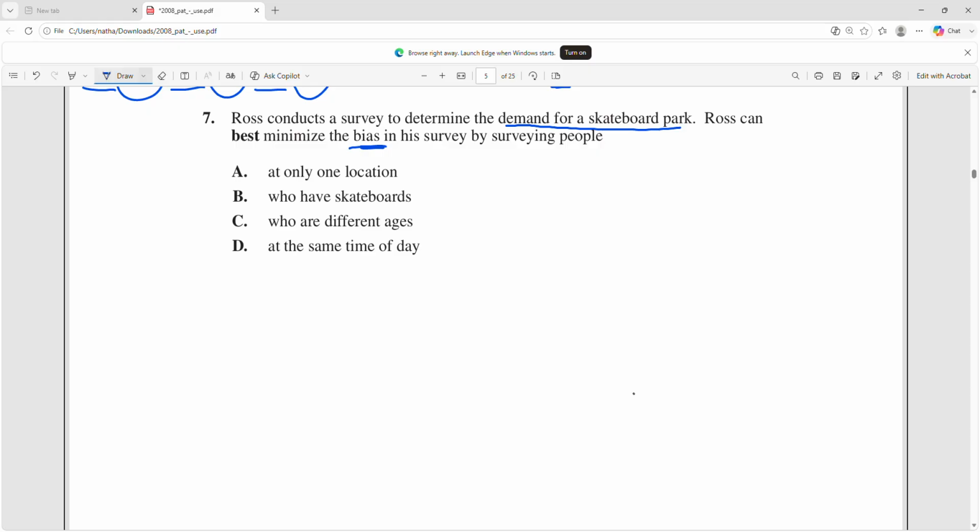So, to have less bias, remember, what is bias? We said bias is like when somebody's going to favor something. An example I told you guys in class was if I had $100 and I wanted to know what sports equipment I should buy for the school to use, for everybody to use, and I surveyed only the soccer team, that would be a biased survey because, of course, they're going to want soccer balls.